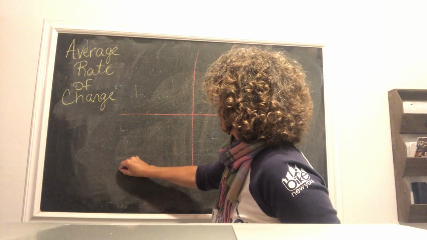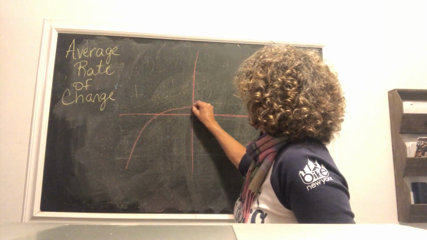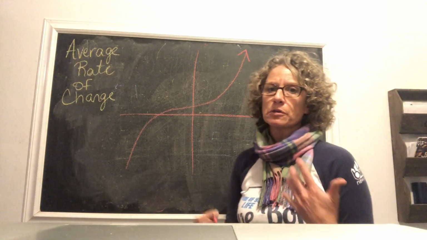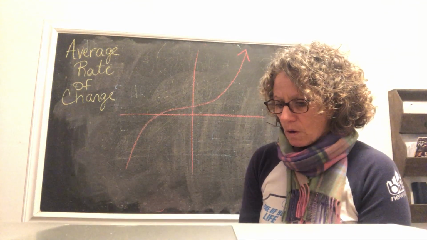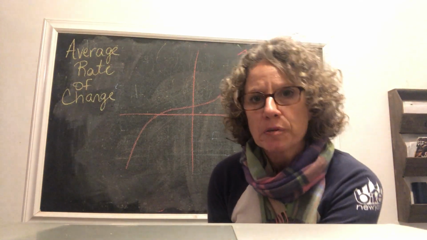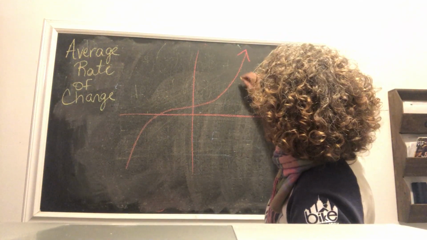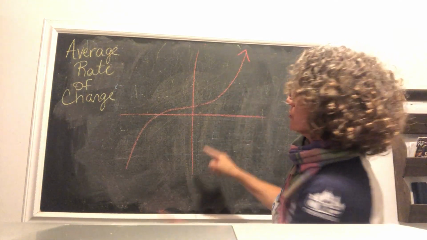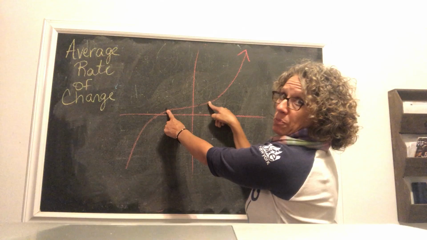So if you take a function and you've got something like this, and I'm looking and I'm saying, well, where's the steepest part of this function? Where is the average rate of change going to be the greatest? It's going to be the greatest on an interval where the function is the steepest. So it's not going to be the greatest between these 2 points.